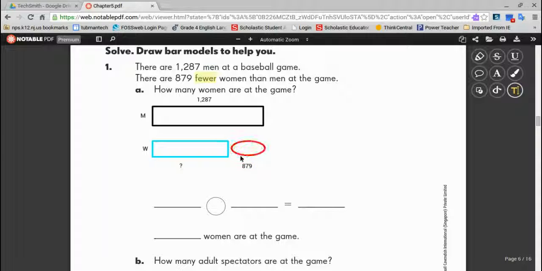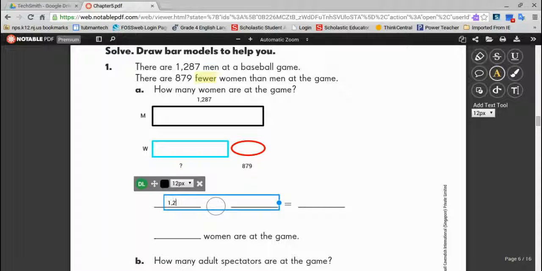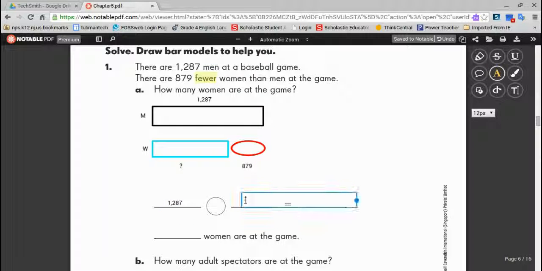I know the difference, and if I know that, that means it's a subtraction problem to figure out how many women there are. So let's write that in there. 1,287 men. I have the 879 fewer women. And I know because I'm finding the difference between those two, I am subtracting.